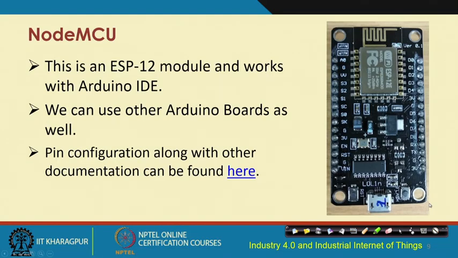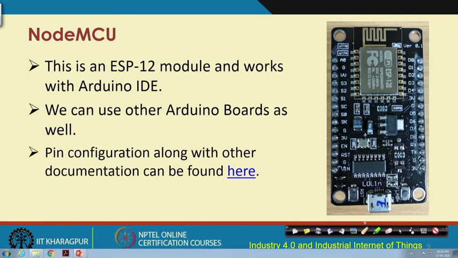This gives you a closer view of how this NodeMCU looks. This NodeMCU is basically a cheap Arduino board, you can think of it that way. It is a very cheap module which has similar functionalities to your Arduino, and it is basically an ESP12 module which is compliant with the Arduino IDE.